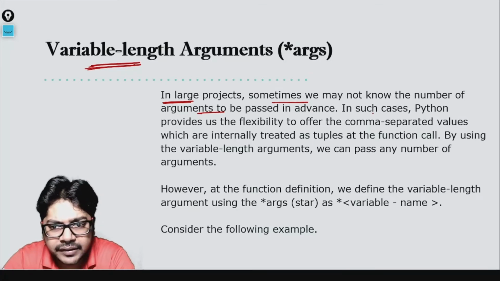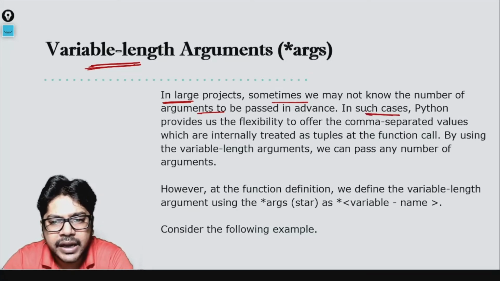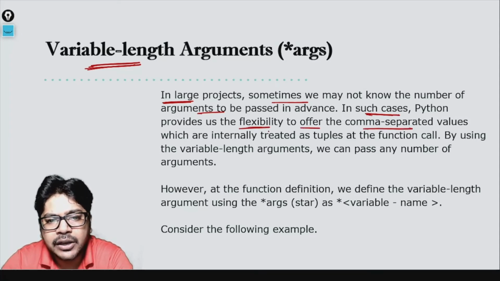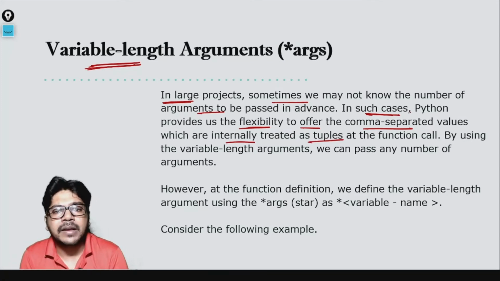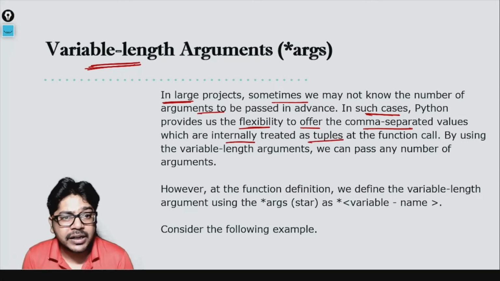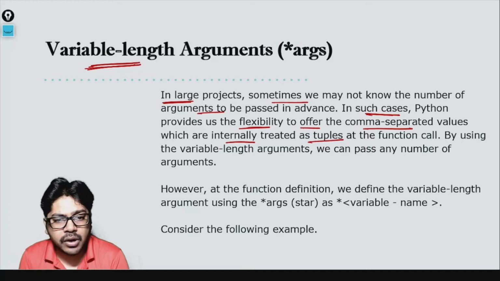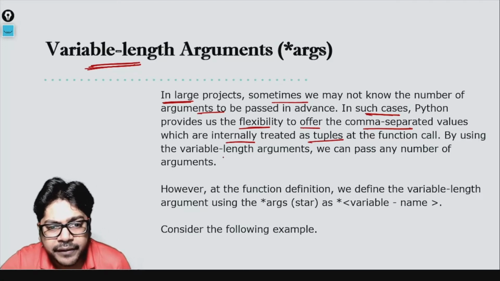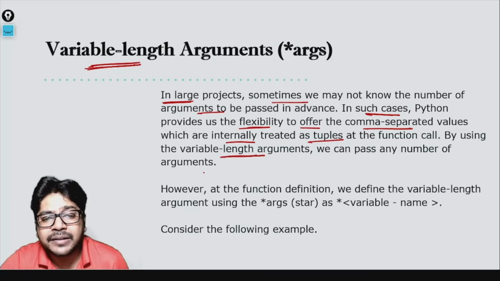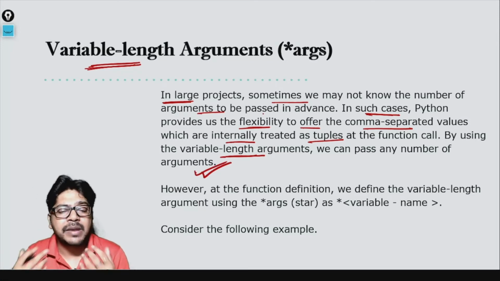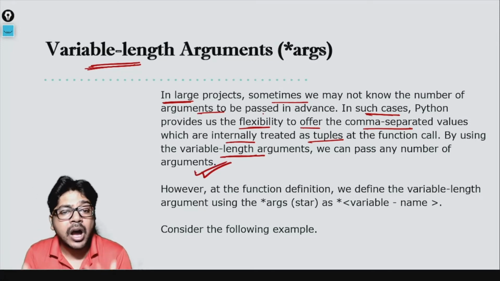So in such cases, what Python allows you to do is that it provides us the flexibility to offer comma separated values which are internally treated as a tuple. You can pass comma separated values, which internally are treated as a tuple, at the function call. And by using the variable length argument, we can pass any number of arguments, and that makes your life really easy. How do you do that?